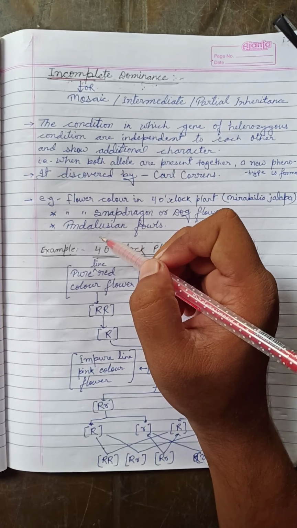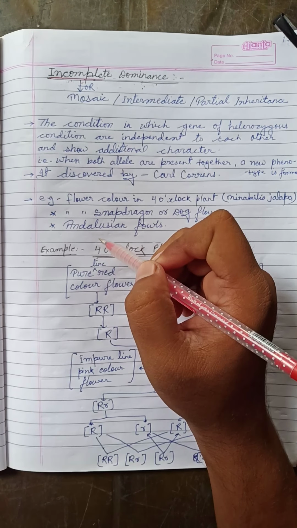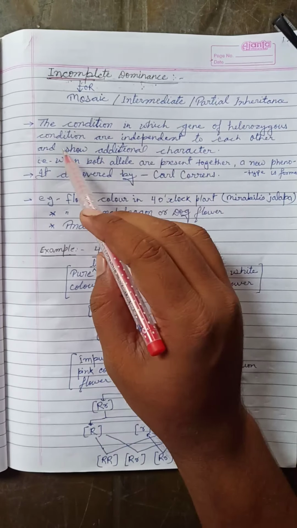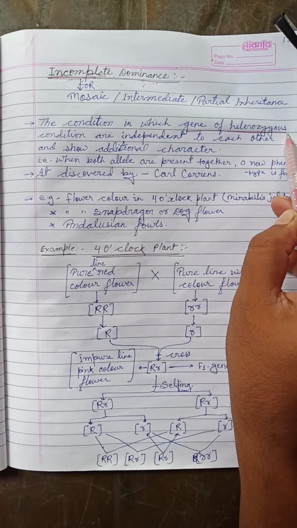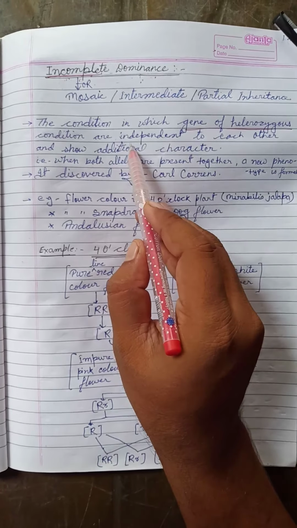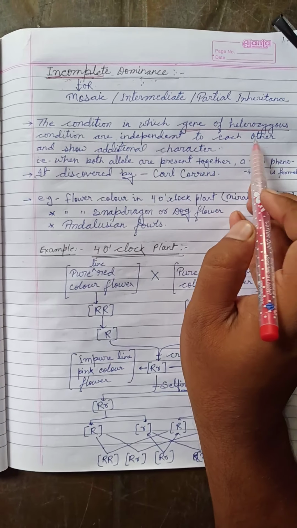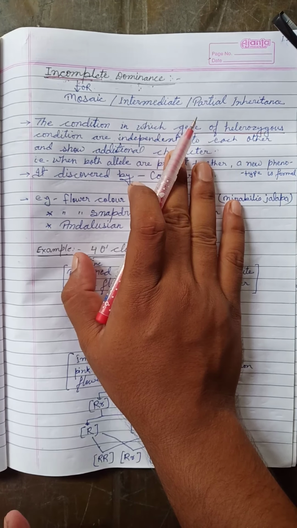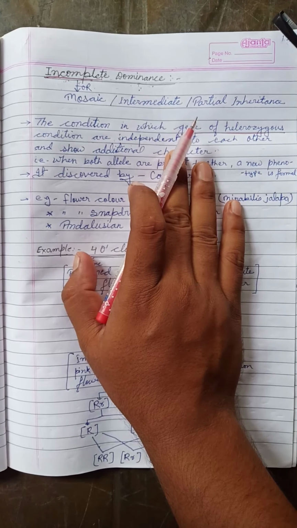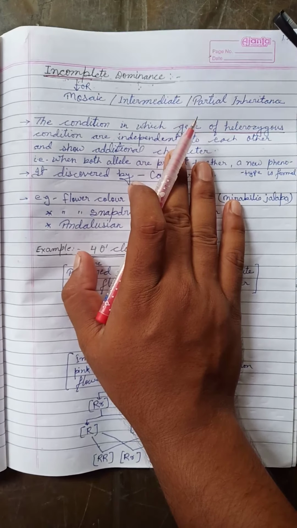Now look at some important points related to incomplete dominance. It is the condition where the genes in the heterozygous condition are independent of each other. That means they are not dominant to each other; they are independent of each other.